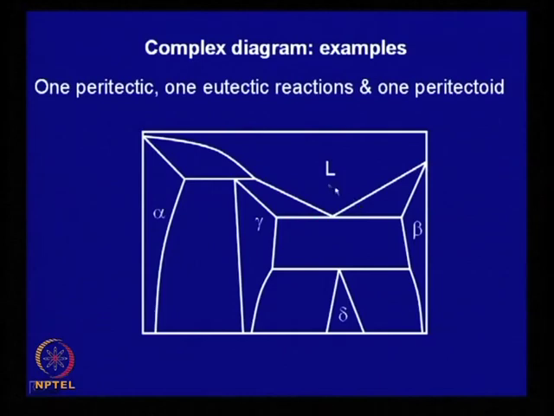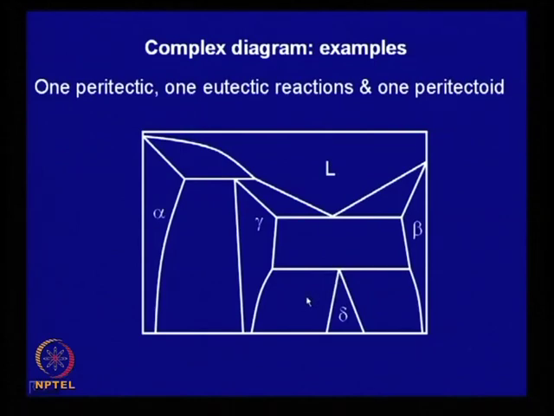This is eutectic, where liquid of this composition dissociates into 2 solids, gamma and beta, and this is peritectoid, where 2 solids, gamma of this composition and beta of this composition, react together to give you delta of this composition.